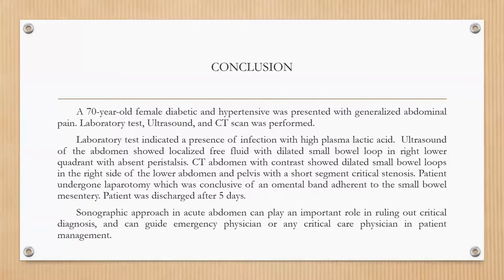Ultrasound of the abdomen showed localized free fluid and a dilated small bowel loop in the right lower quadrant with absent peristalsis. And the CT abdomen with contrast showed dilated small bowel loops in the right side of the lower abdomen and pelvis with a short segment of critical stenosis.